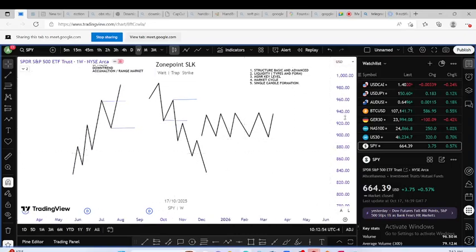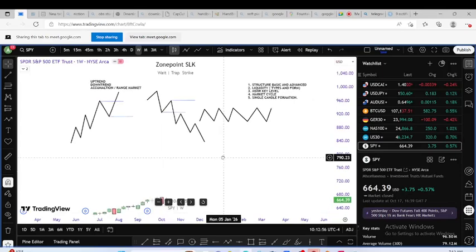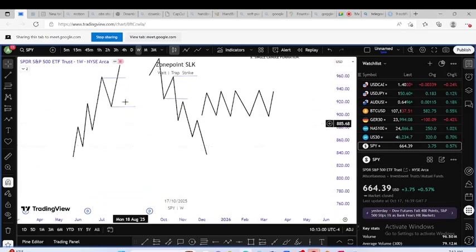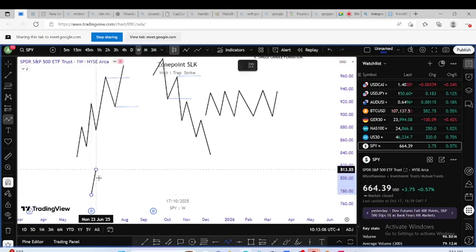But the advanced part that some people will not tell you is that the market will not just be moving up like this. If the market wants to move up, it will move like this, break this structure to the upside.